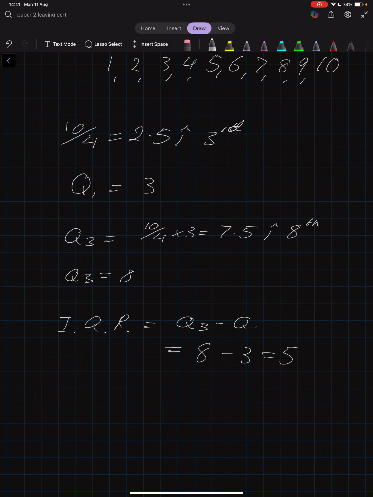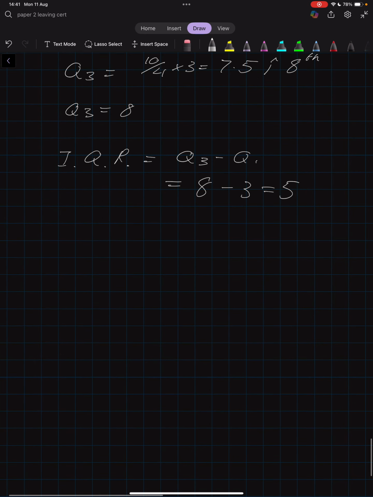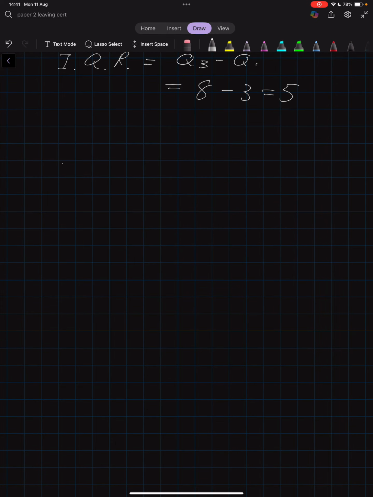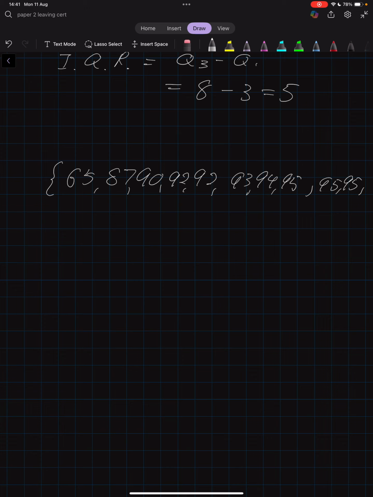So first of all, let's say the data is this. So these are just scores in a test. 96, 96, 98, 98, 98. So that's it, okay? Now, it says find P30. So that's find the 30th percentile.